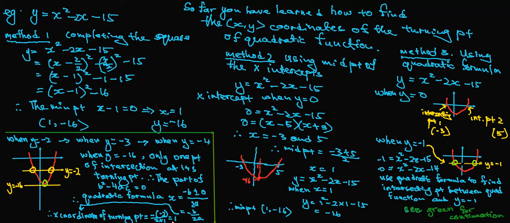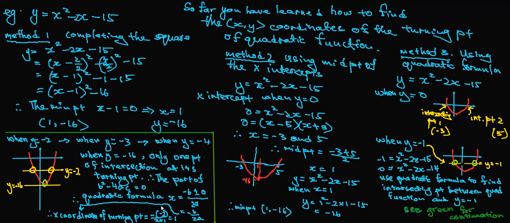So here you get the x coordinate of the turning point of the quadratic graph. To find the y coordinate, you just substitute the x into the quadratic function. Substitute inside, and you get the y coordinate of the turning point.